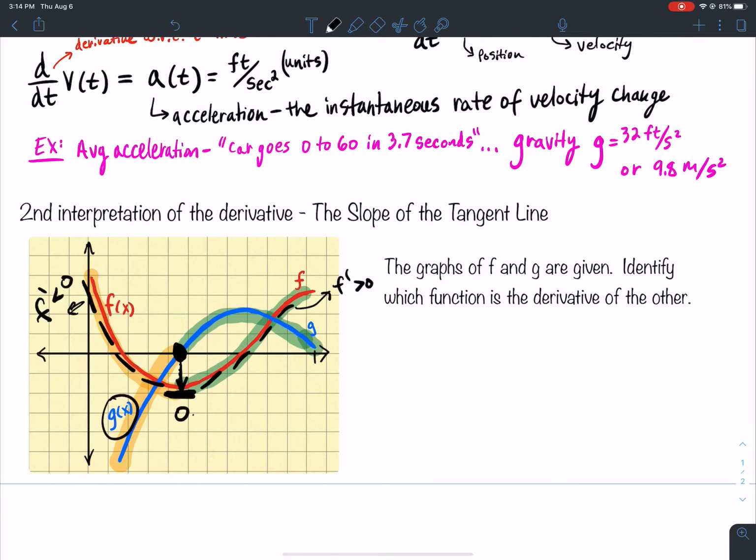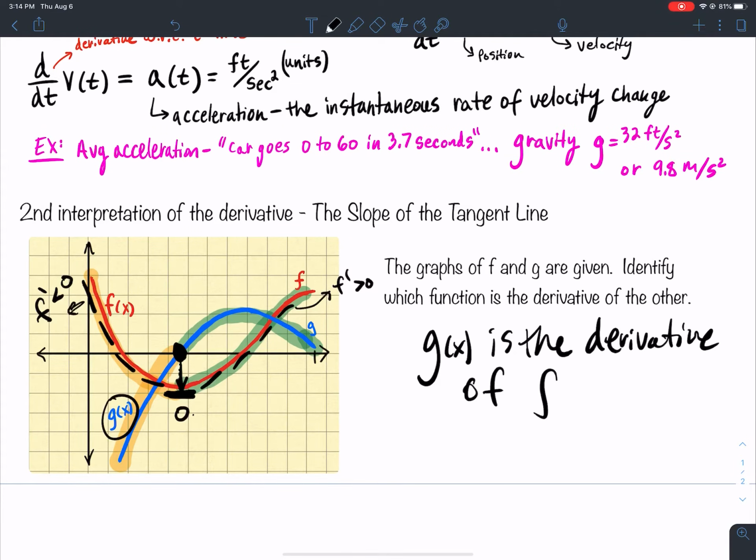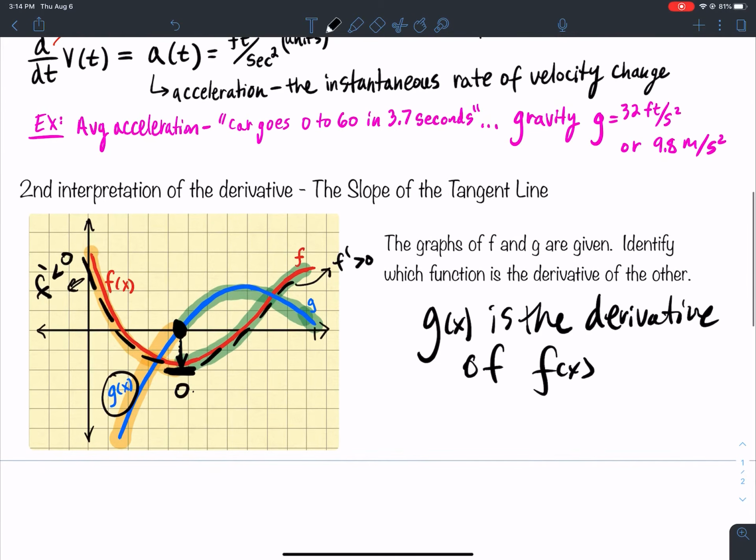So it looks like g of x is my derivative function. So this is the derivative of f of x. Okay, how do I write that out? If I take the derivative of f of x, it equals g of x. Okay, so whenever I look at that, I think about the slopes.